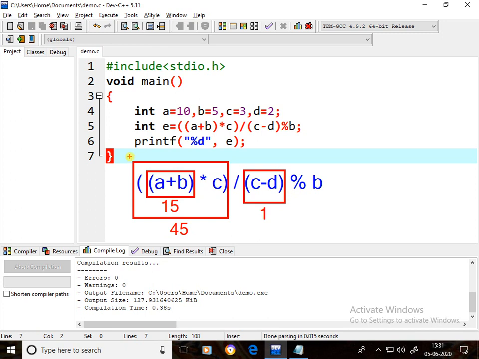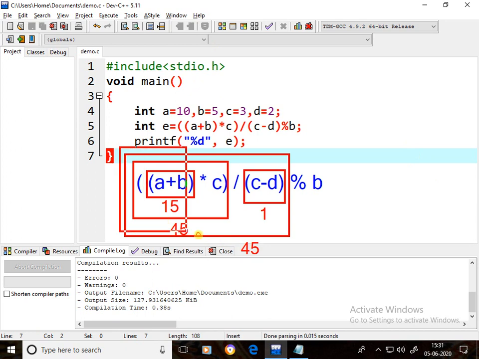First of all, division: 45 divided by 1, you'll get 45. After that, modulo division b. B value 5. 45 modulo 5, remainder 0. So this value is 0.